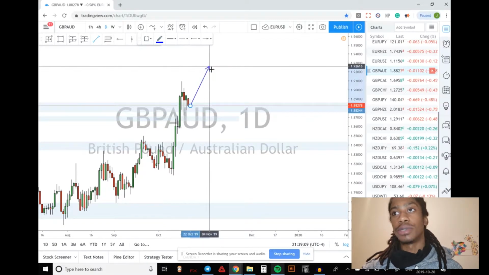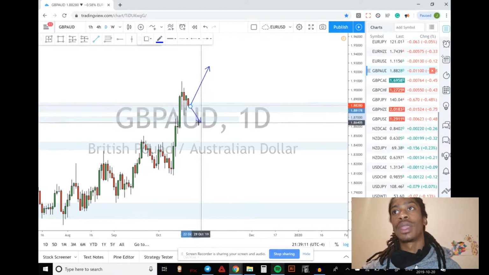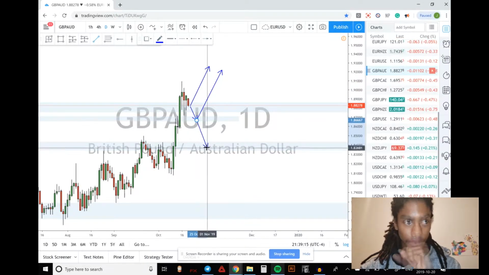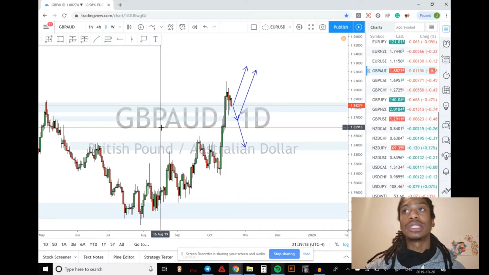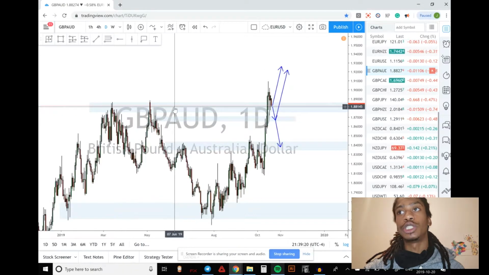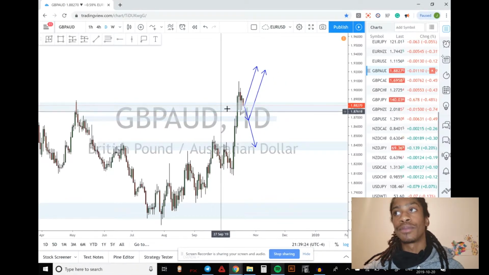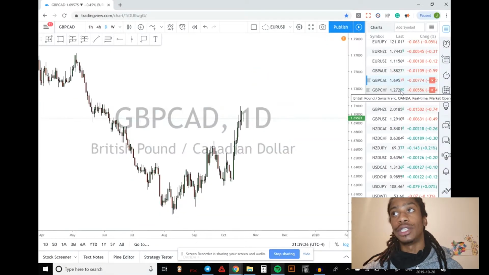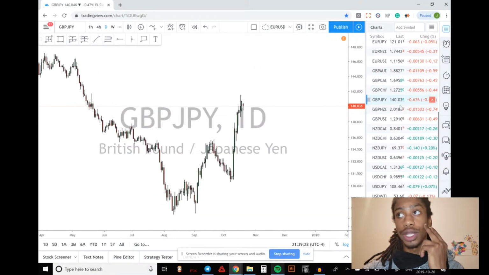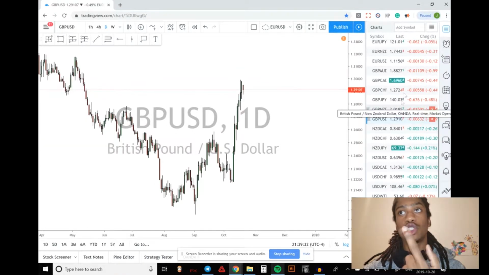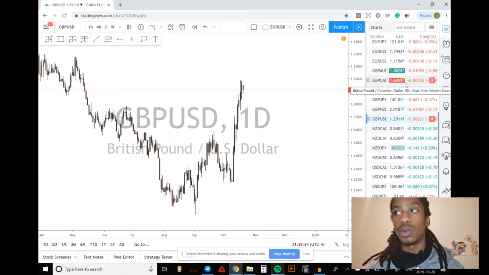Alternately, price has the option to fall straight down. Though I would like to mention that because the pound is seeming very strong right now, if we just look at the other pairs, we can see that the pound has a strong likelihood to just keep on going straight up. Now the pound New Zealand is showing like it can start getting weak.